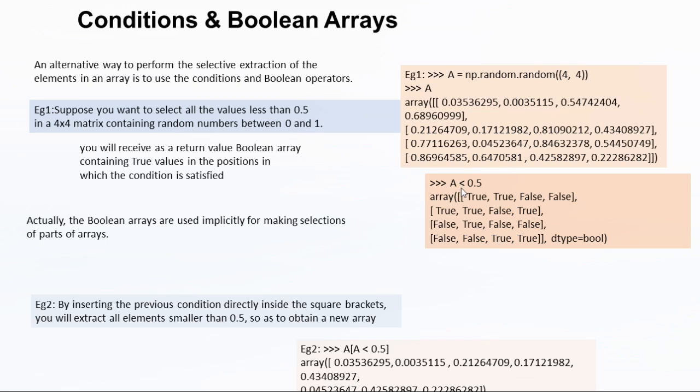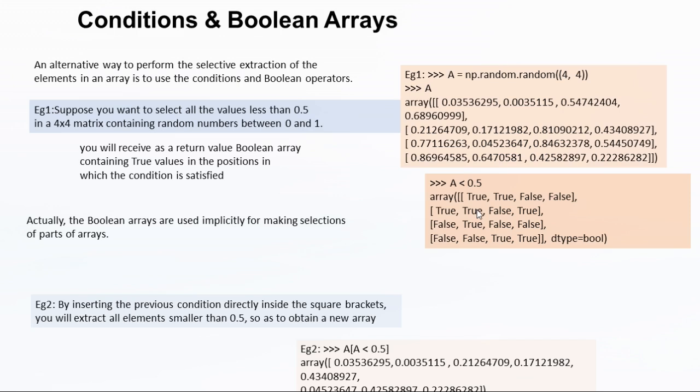We are going to use the condition A less than 0.5. So whichever element has a value less than 0.5, a True value is going to be generated. Else, if a value is greater than or equal to 0.5, False would be generated. So this is the result that we are supposed to get.